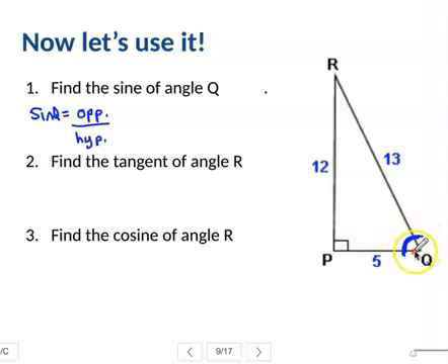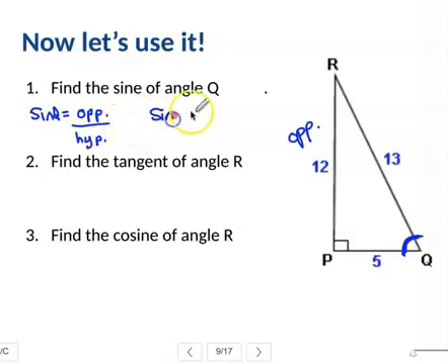We want to find the opposite over the hypotenuse. So which leg is opposite to angle Q? Well, this leg here is going to be the adjacent leg. This leg here is opposite, and PQ is the hypotenuse. So the opposite leg is right here. That's 12.